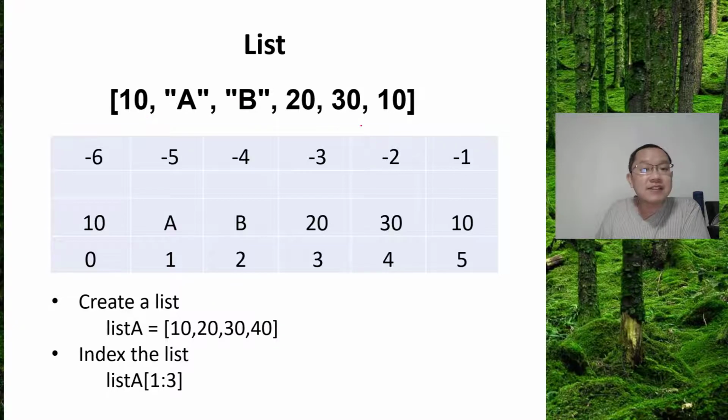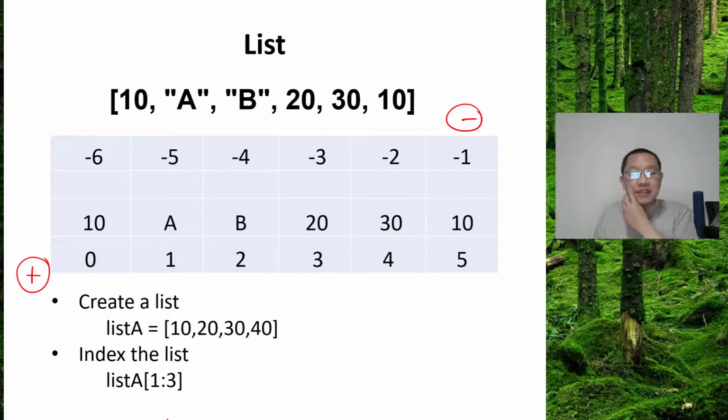Items inside the list can be mixed characters or numbers, and we can also index or count the position in the list using positive or negative indexes, same as what we learned before with strings. For positive indexing, we count the position of items in the list starting from 0, 1, 2, 3, 4, and 5.